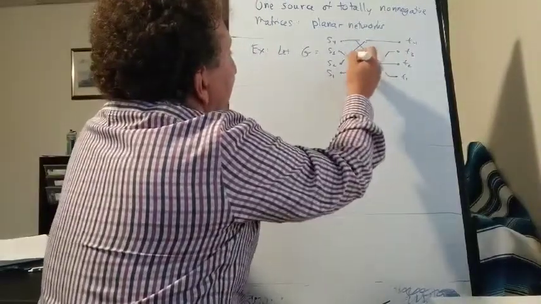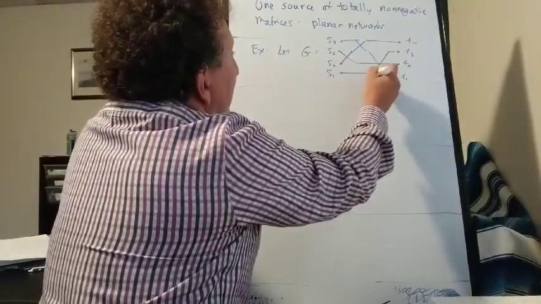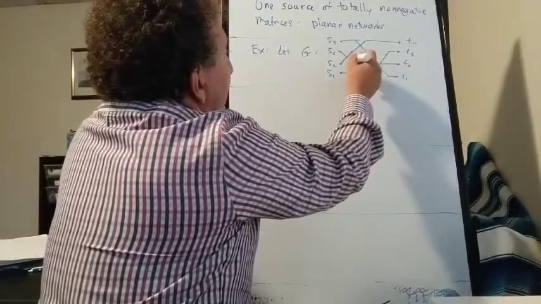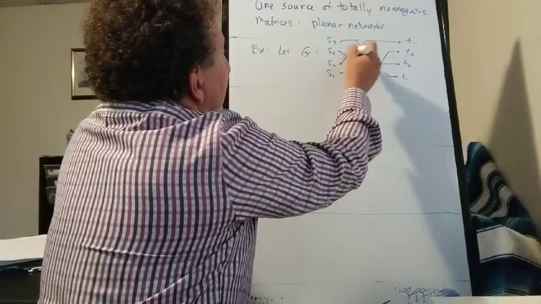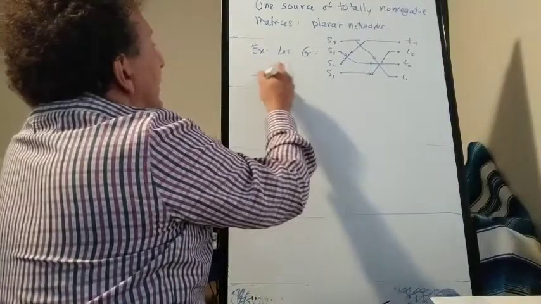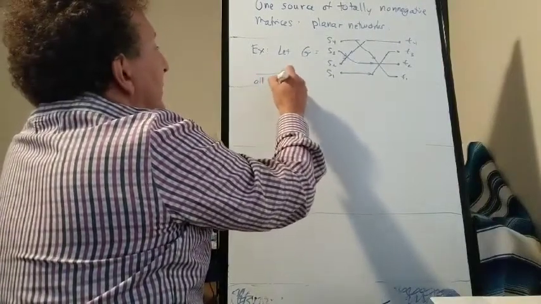And let's let all of the edges be oriented from left to right. Maybe it'll complicate the picture if I put in all the edges, but all edges are pointing that way.